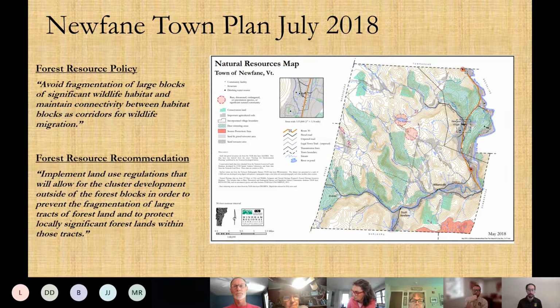Following that is a forest resource recommendation, which calls for land use regulations that promote clustered development outside of forest blocks in order to protect locally significant forest lands. This kind of detailed mapping and clear writing and prioritization of healthy forest blocks makes for a really strong town plan that aligns with community values.